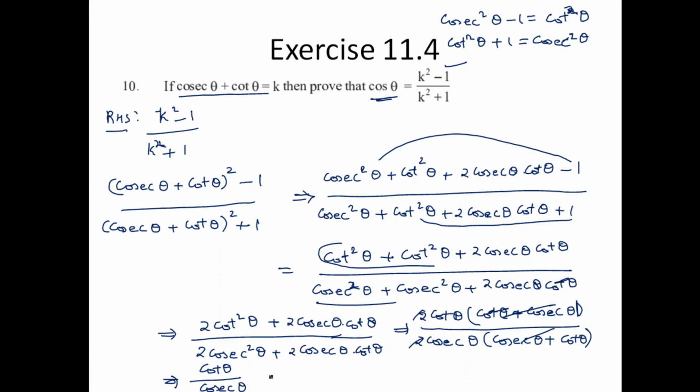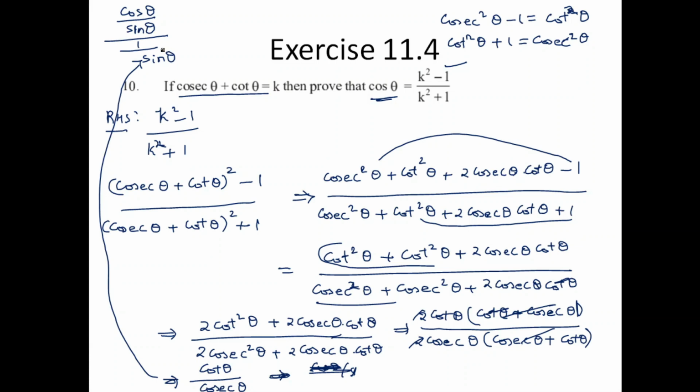I can write cot theta as cos theta by sin theta. Let me just write this one over here. So cot theta is written as cos theta by sin theta divided by cosecant theta, which is written as 1 by sin theta, isn't it?